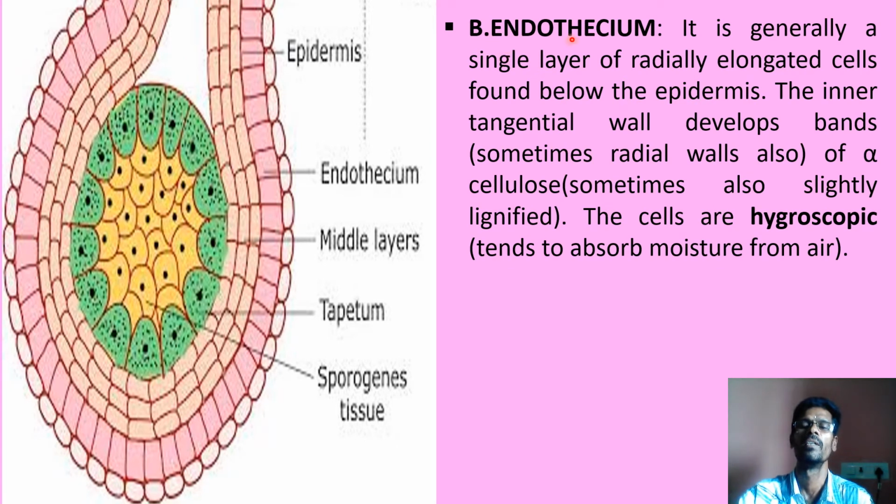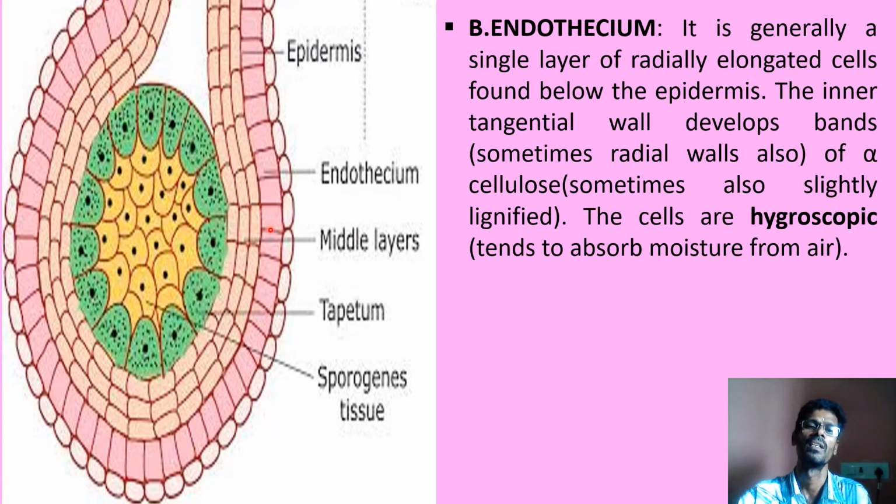The next is the endothecium. It is generally a single layer of radially elongated cells found below the epidermis. Just beneath the epidermis is the second layer, called the endothecium, and these are radially elongated cells. The inner tangential wall develops bands, sometimes also radial, of alpha cellulose, and sometimes they are slightly lignified.